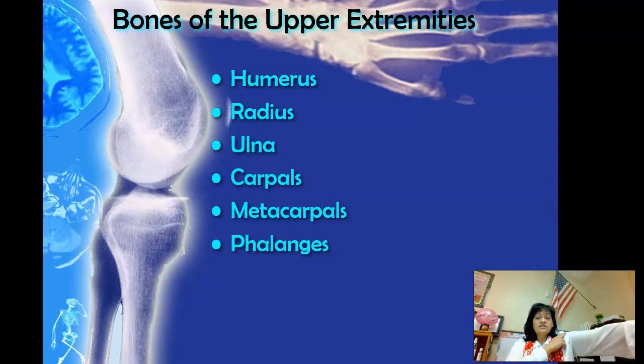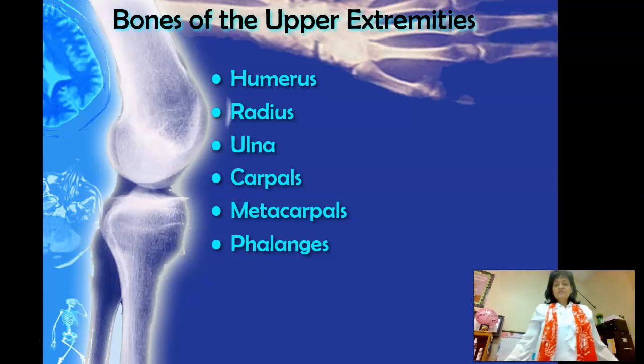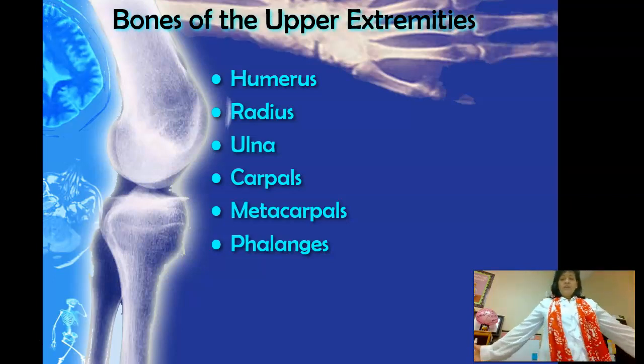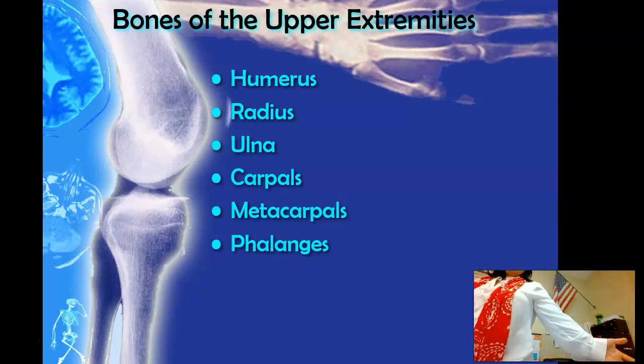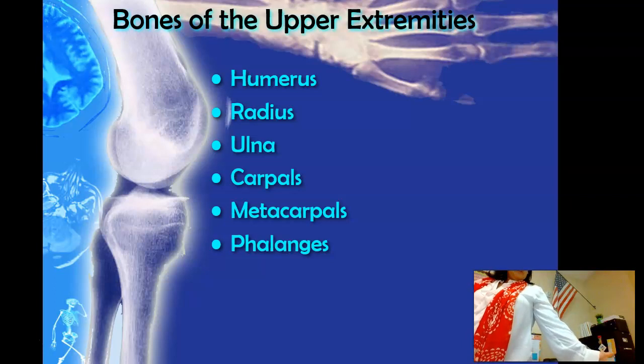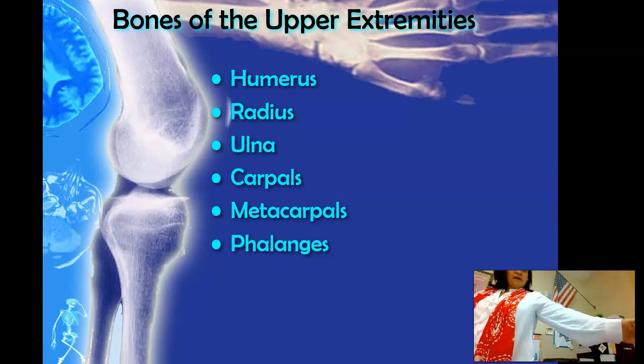The humerus is the long bone of the arm. The ulna and radius are on the forearm. And if you're in anatomical position, remember standing up, you can see anatomical position. With the thumb up, when you move your thumb, you can rotate your thumb forward and back, right? Forward, back.